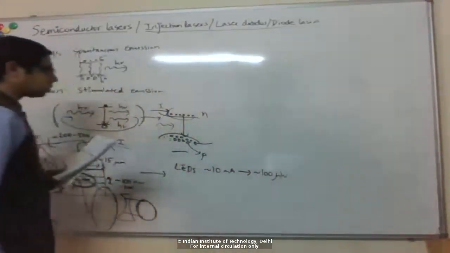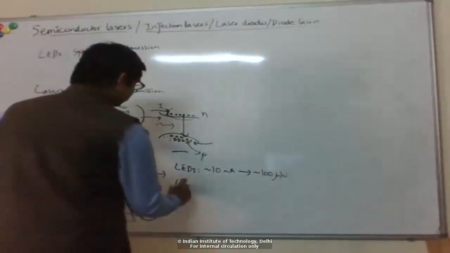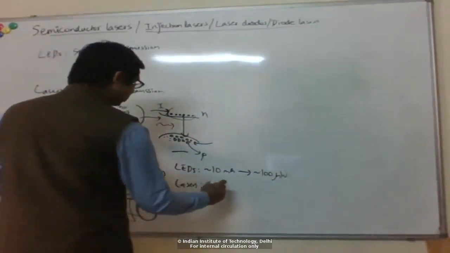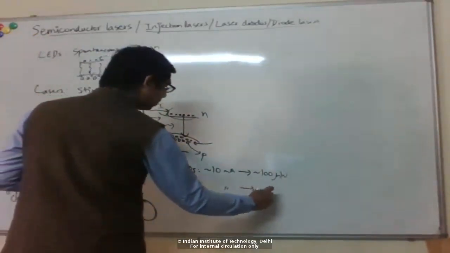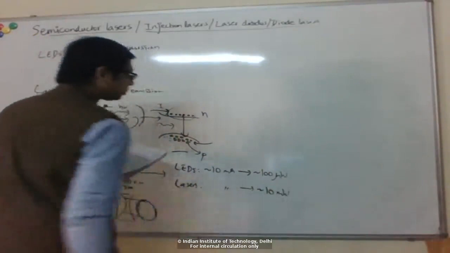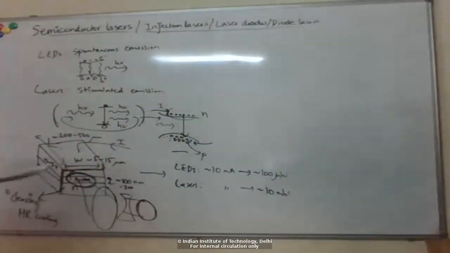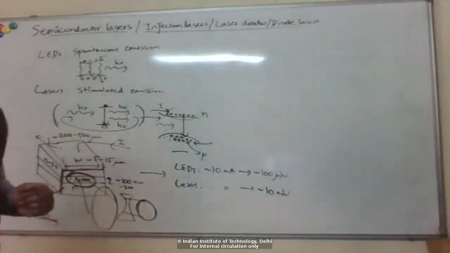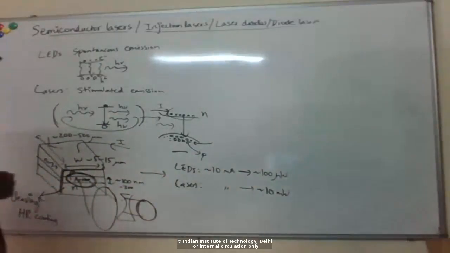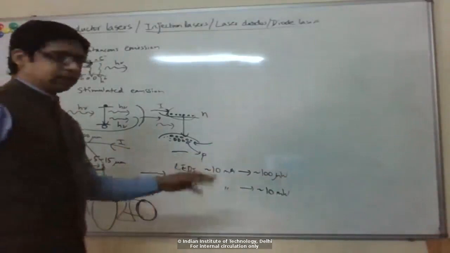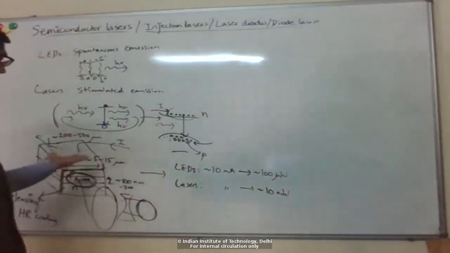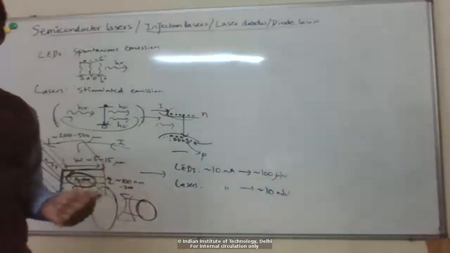For lasers, for the same amount of current, you boost up the output power to almost 10 milliwatts. So you increase the output power by roughly 2 orders of magnitude, and we'll see that this is coming from the enhancement in the internal and the external quantum efficiency.